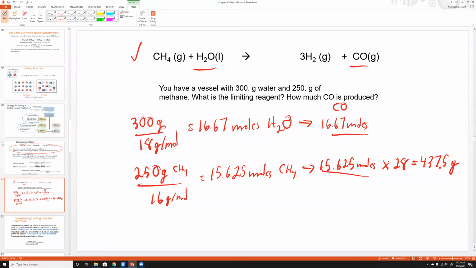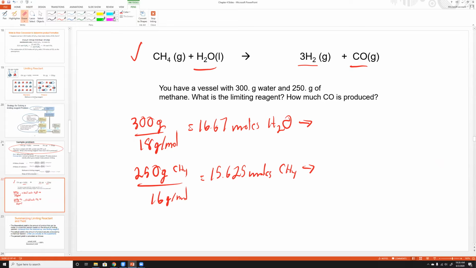Okay, so now let's look at the other product. Let's look at H2. Let's erase this part. This works for either product. So let's look at H2.